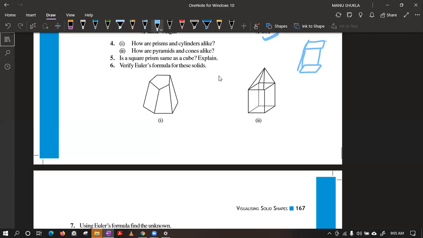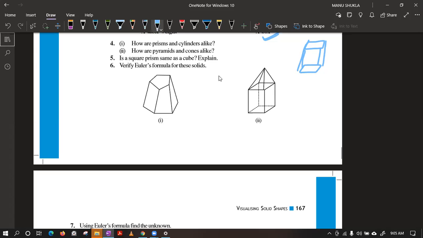Can we surely say that the lateral surfaces are also square? It can be a cuboid. Yes, we are sure it is a cuboid, but we can't say surely it is a cube. The reason being, we never know whether the lateral surfaces are square or rectangle. Although we know that top is square, bottom is square, we don't know about the lateral surfaces, so we can't say surely it is a cube.